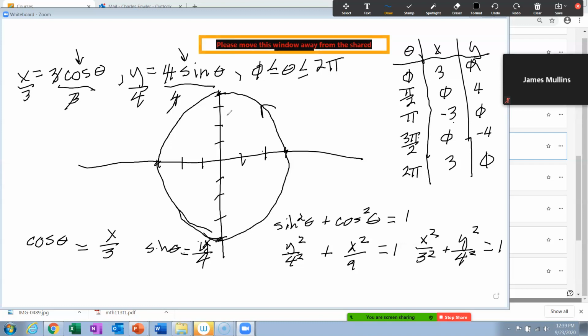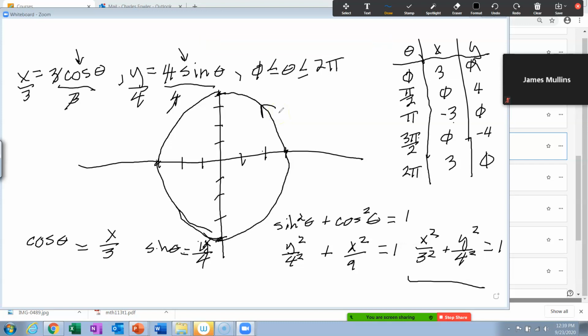The problem is when you do it in XY terms in rectangular coordinates like this, you don't have the orientation. When you do it in the parametric equations like this, you can determine the orientation. That's going counterclockwise. So I like the way we did it better than they did, but I wasn't reading the question well.